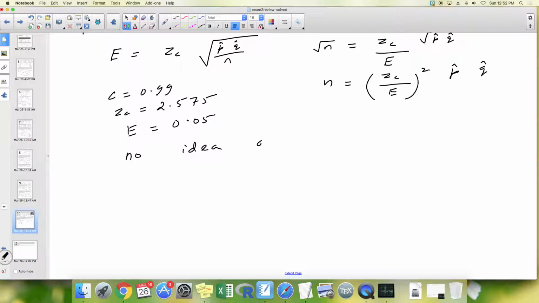Actually we have no idea about p, then what you do is you put in p hat equals q hat equals half. That's your strategy.